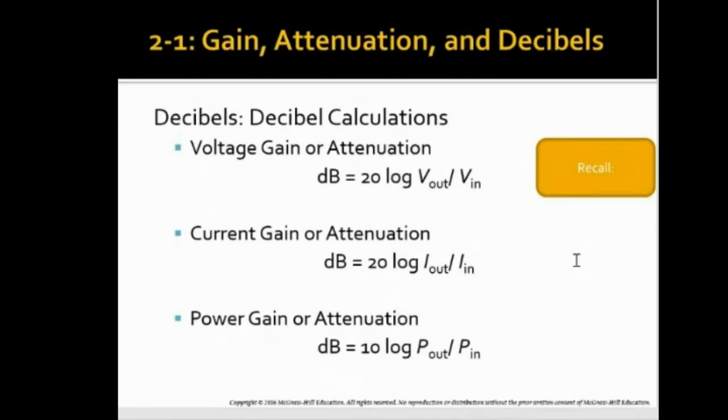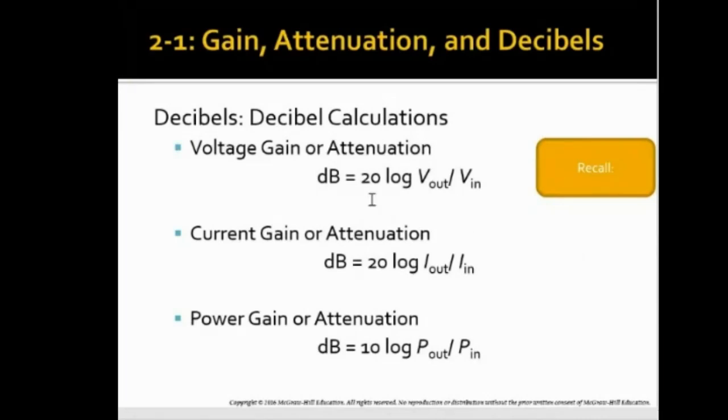Before this we were talking about the gain, which was, for example, output voltage divided by input. If we want to convert this to decibels, we use output voltage divided by input voltage in decibels.